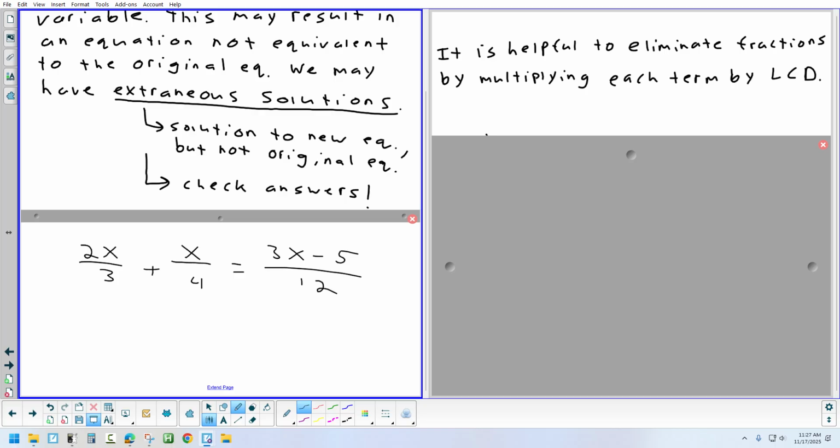There's a number that we can multiply all three of these fractions by, and if we do, it'll cancel out all the denominators. The number you need to figure out is the LCD, the least common denominator. What's the least common denominator of this, this, and that?